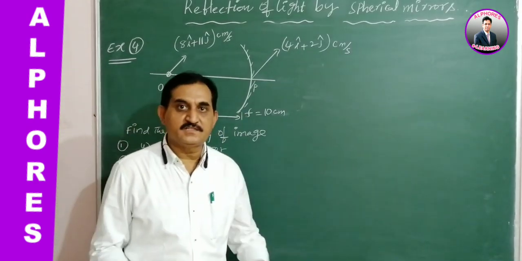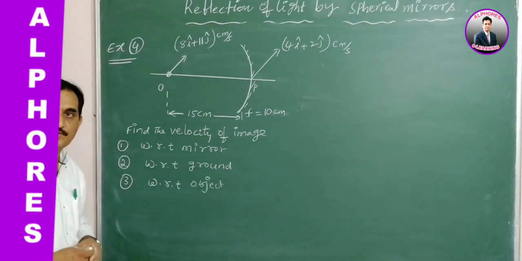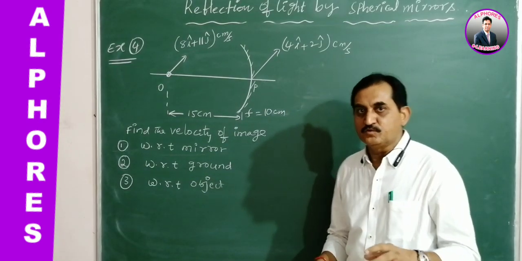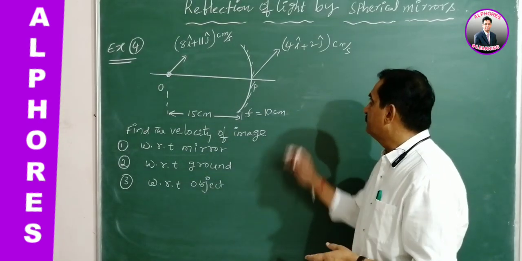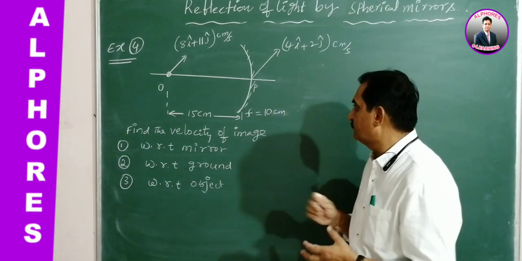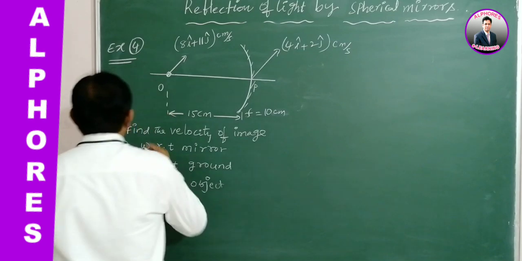Let us go for another problem. Example 4. So now here it is somewhat different. Of course, already in vector form, mirror velocity and object velocity given in vector form. So this is x and this is y.